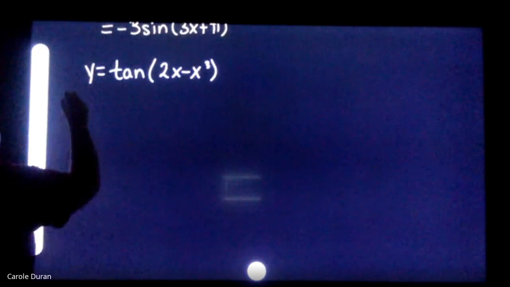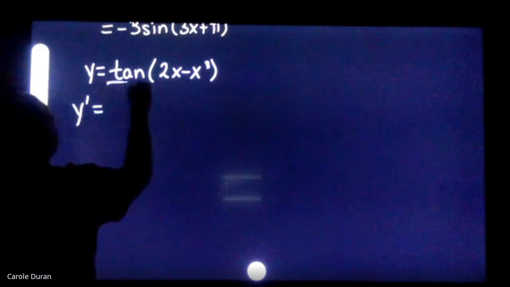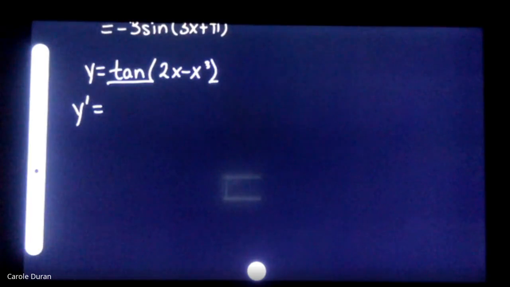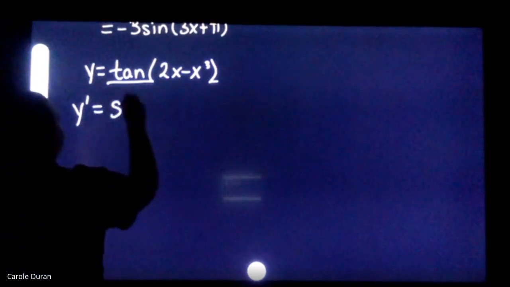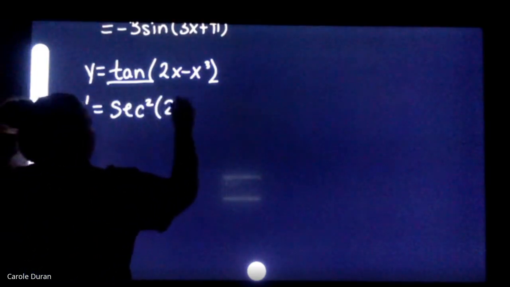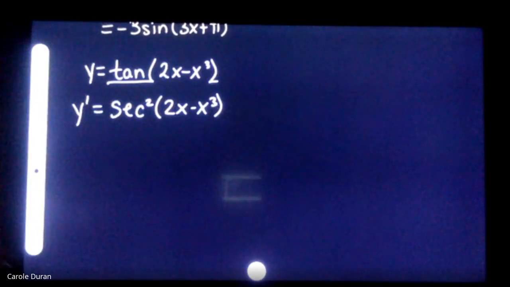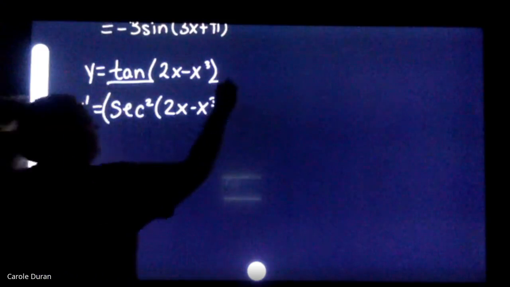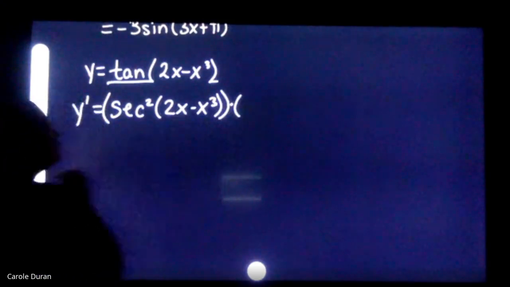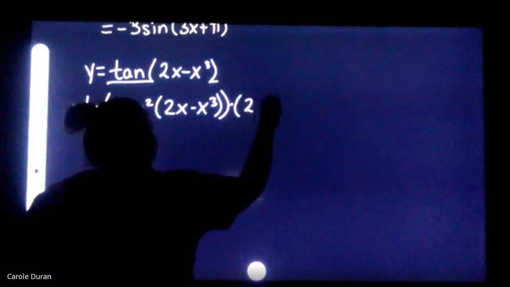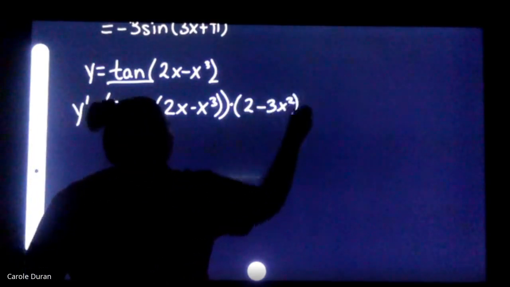So when I take the derivative of this, I first take the derivative of that outside function tangent. What's the derivative of tangent? Secant squared, and where the x is, I place that inside function. So I have secant squared of that inside times the derivative of 2x minus x cubed, which is 2 minus 3x squared.